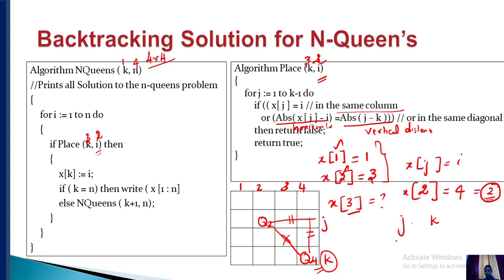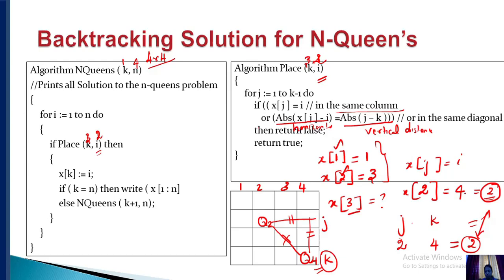So the current queen we are going to check is 4. J is 2, the previously available queen, and the presently checked queen is k, which is 4. If you find the difference between these two, it is again 2. So the horizontal distance and the vertical distance are both 2, they are equal.